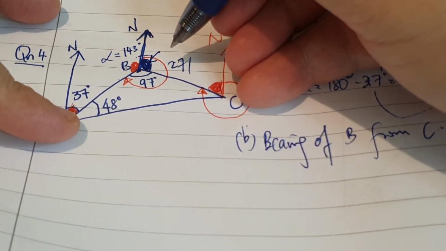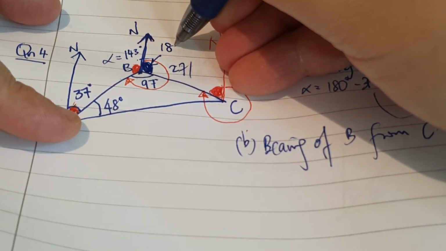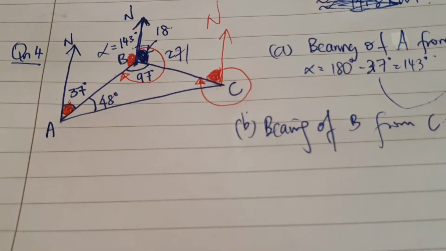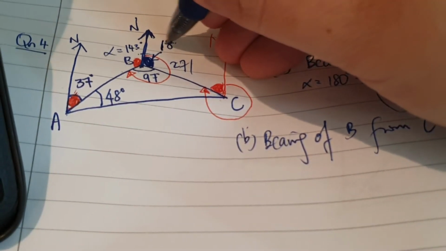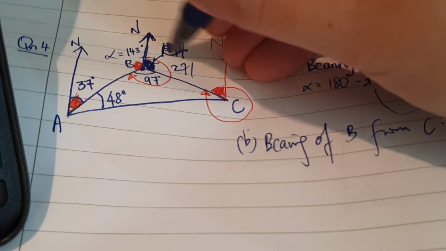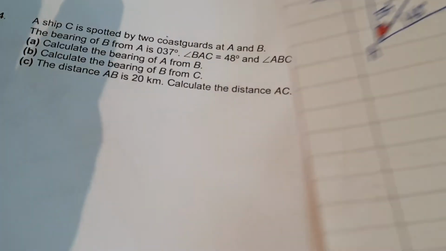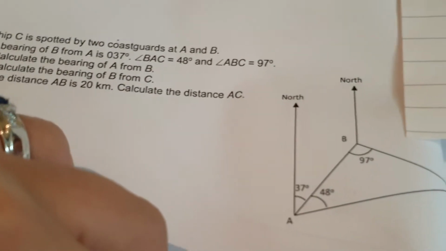So 271 minus 97 is 174. Does the diagram look like 174?